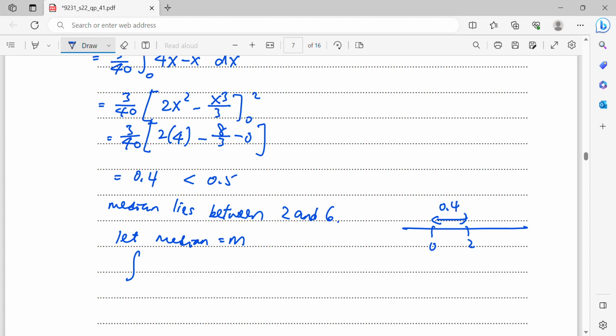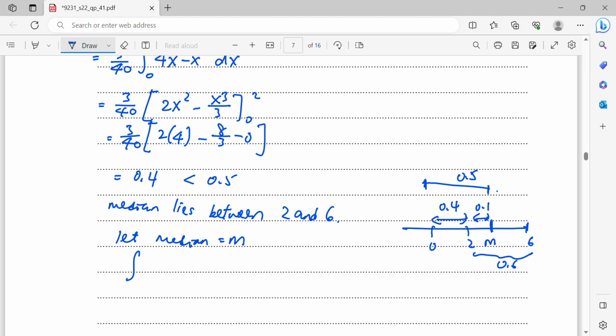Then from 2 to 6 is definitely 0.6, so that the total probability is 1. So now we need the median, say here is m. The median means that from the beginning until the median should be 0.5, or in other words, from 2 to m, it will be 0.1.